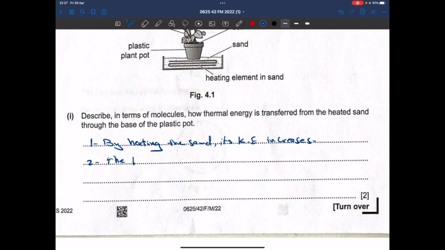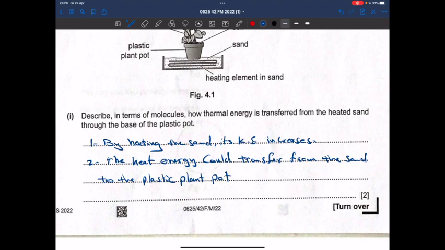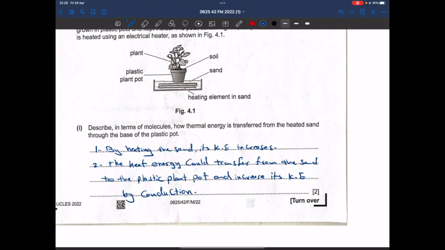So the heat energy could transfer from the sand to the plastic plant pot, and increase its kinetic energy, and that happens by conduction, because all are solids, as you see. I think we still have, yes.